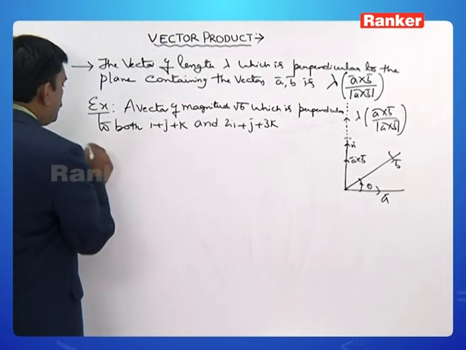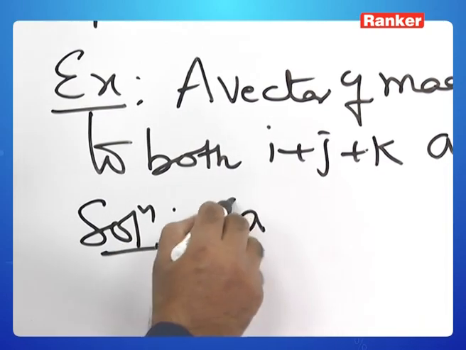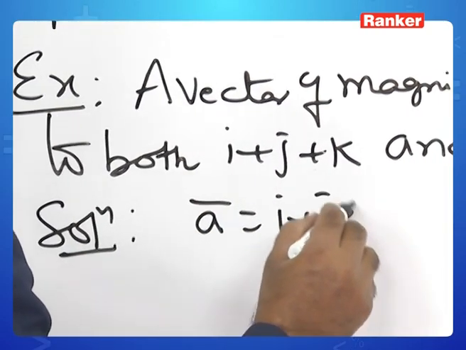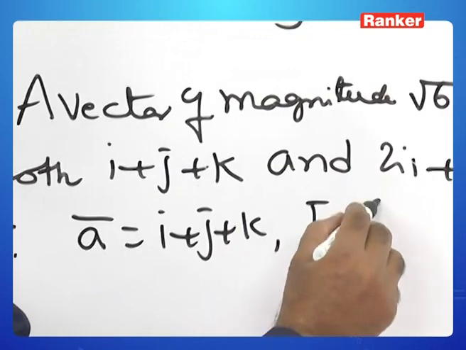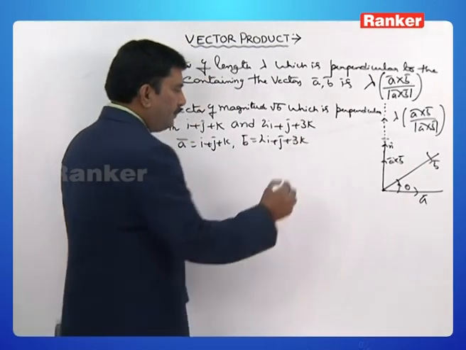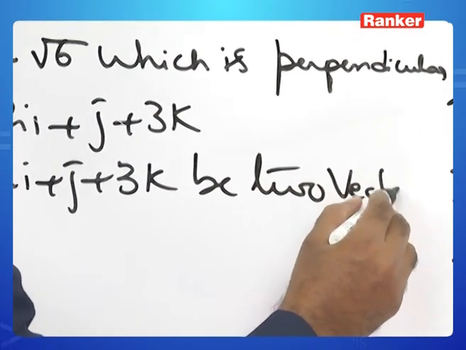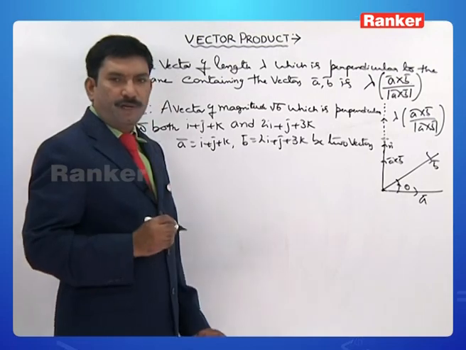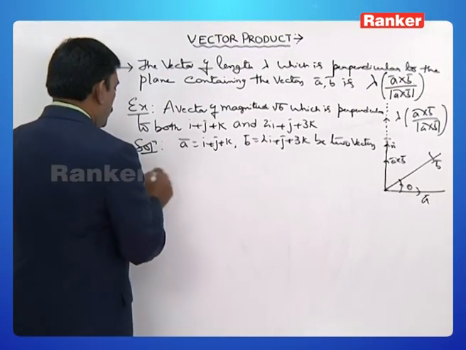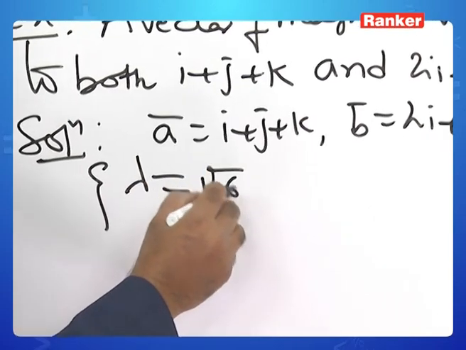Yes, you take A bar is equal to i plus j plus k, B bar is equal to 2i plus j plus 3k, the two vectors, and lambda is equal to root 6.